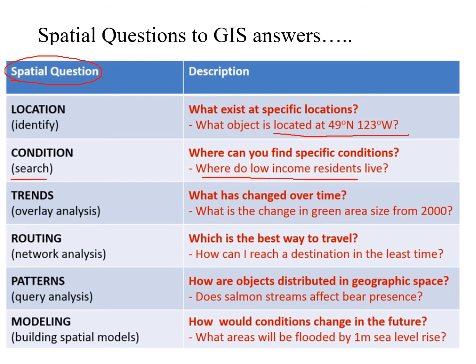Then trends. Here we use overlay analysis, which can be understood by asking questions such as what has changed over time. For example, what is the change in green area size since 2000?